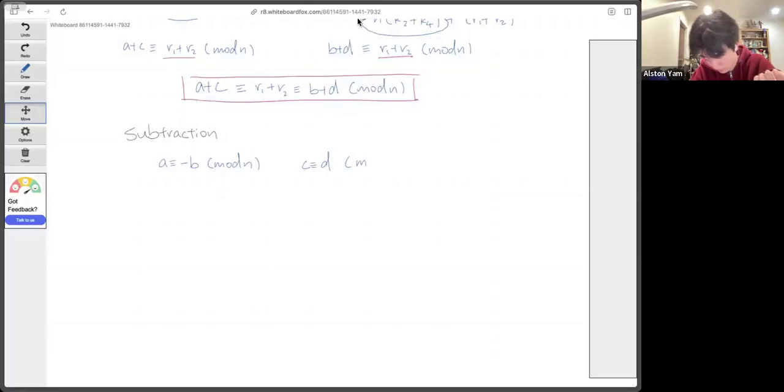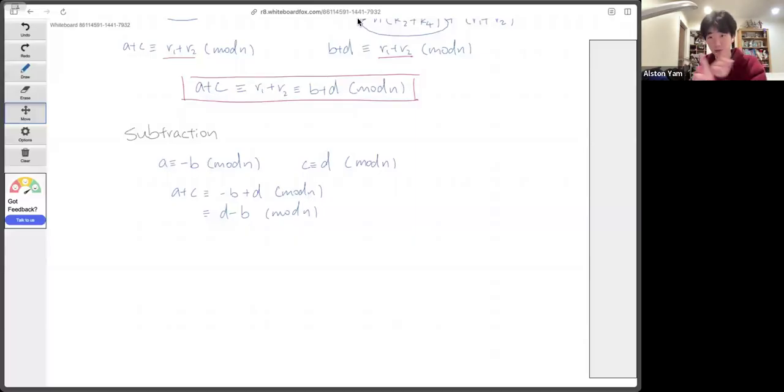What we can do is A plus C will be congruent to negative B plus D mod n, right? And that will also be congruent to D minus B mod n.